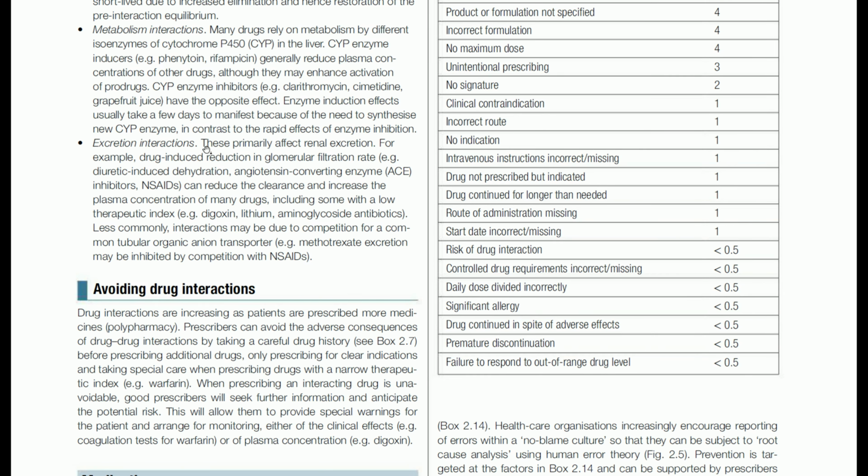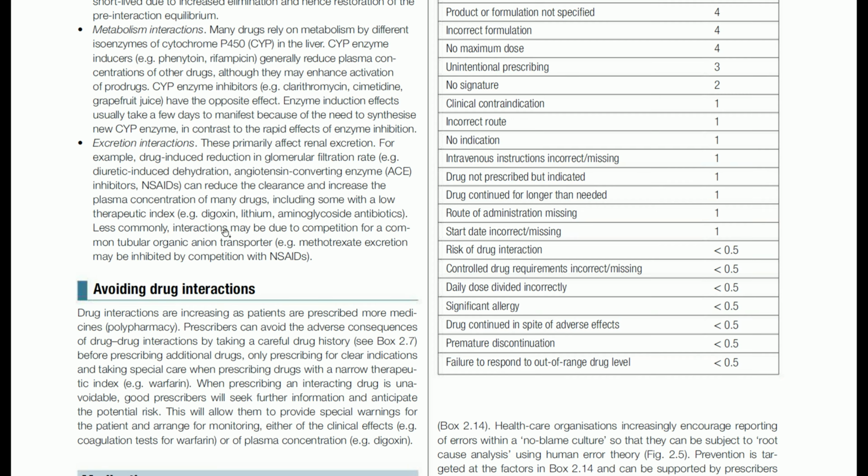Excretion interactions. These primarily affect renal excretion. For example, drug-induced reduction in glomerular filtration rate, for example diuretic-induced dehydration, angiotensin-converting enzyme, ACE, inhibitors, NSAIDs, can reduce the clearance and increase the plasma concentration of many drugs, including some with a low therapeutic index, for example digoxin, lithium, aminoglycoside antibiotics.